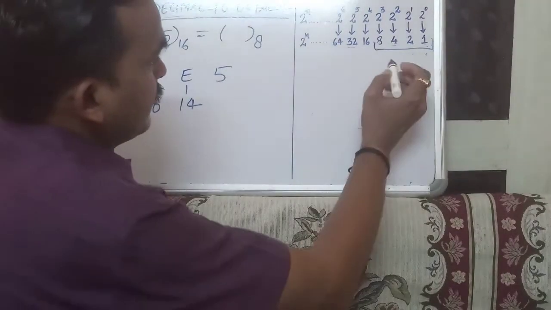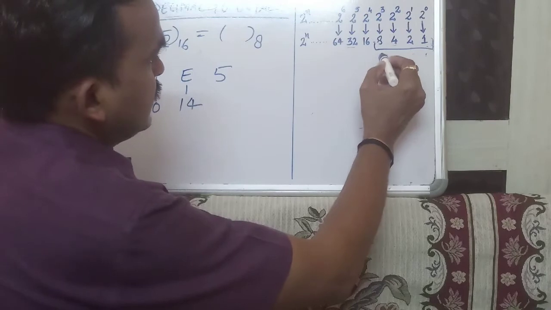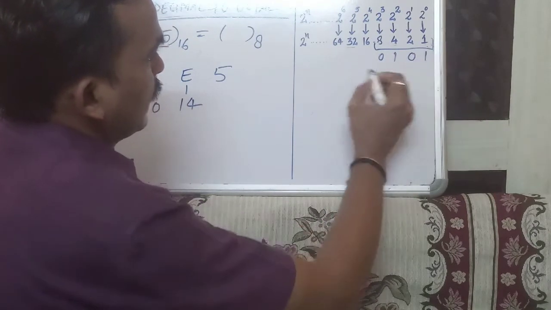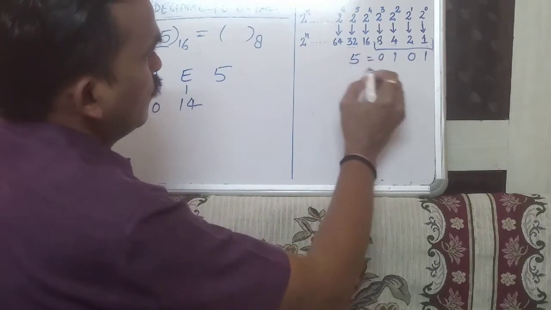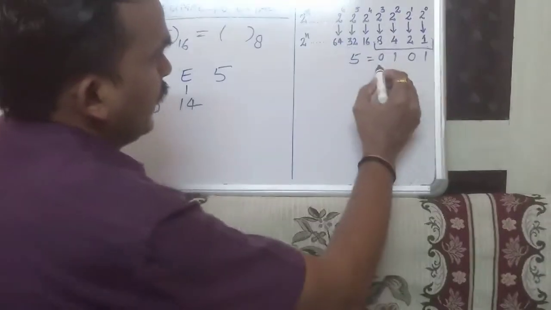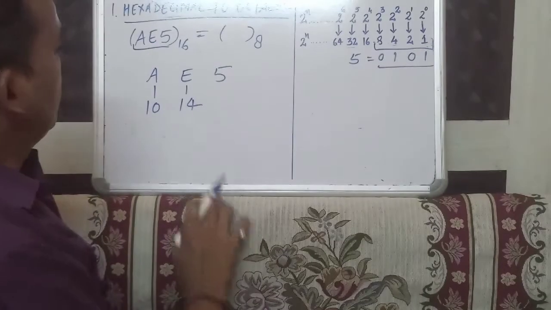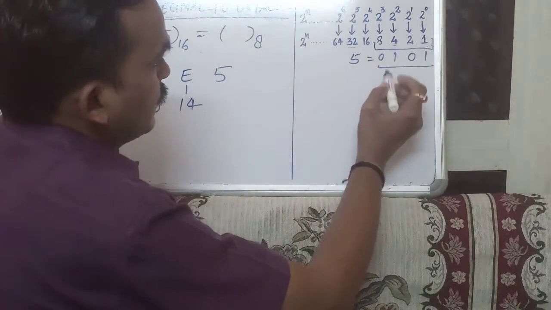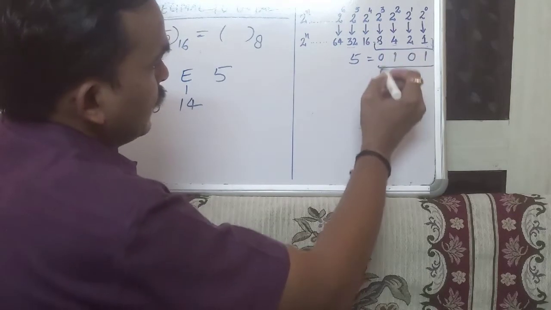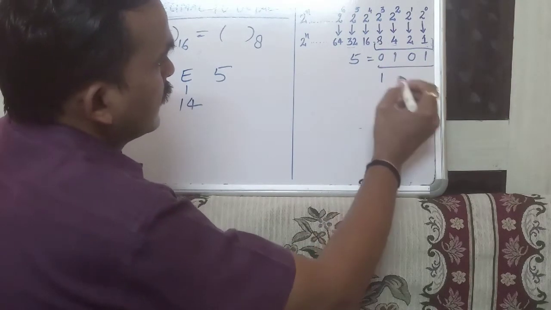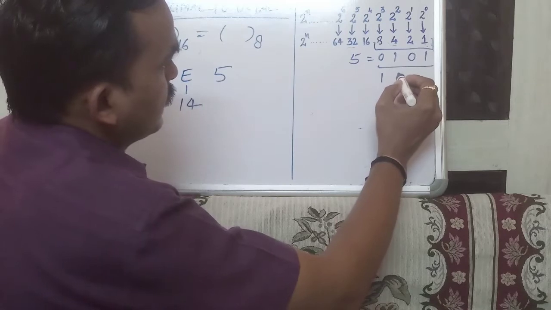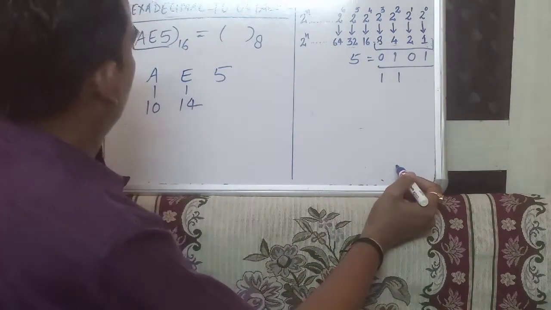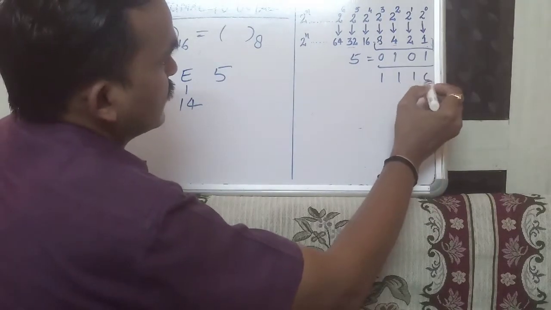So in 5 we have 0 1 0 1. This is the value of 5. Second, we have to find out the 14. So 14 is what? 8 will come, 4 will come, 8 4 12, and 2 will come, and this will be 0.